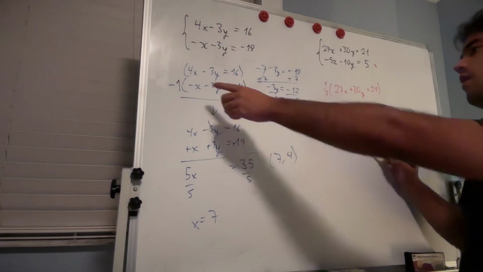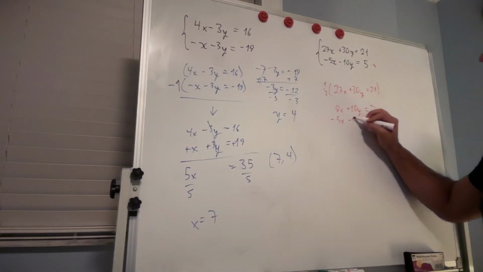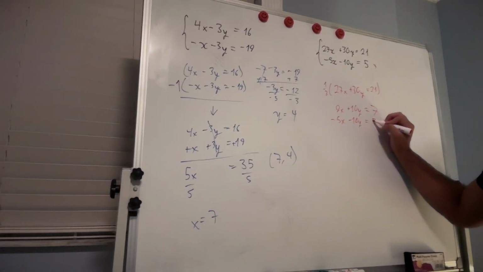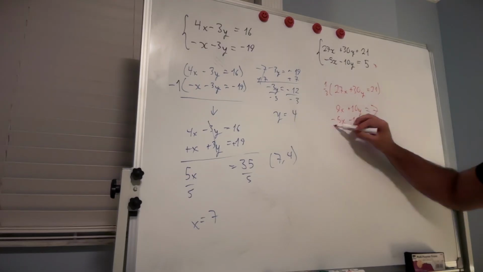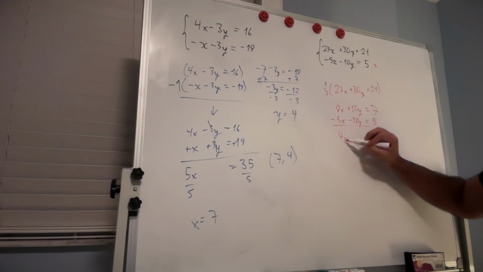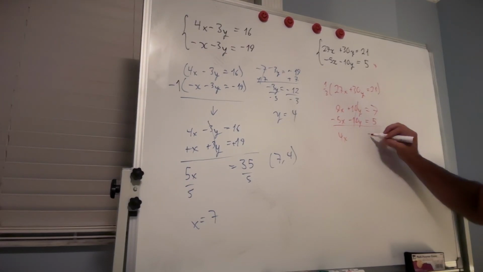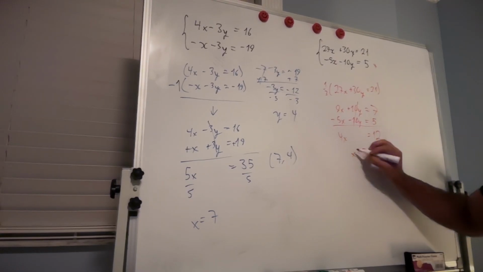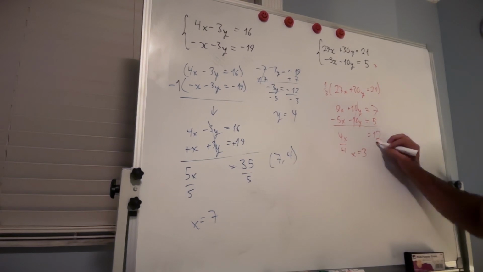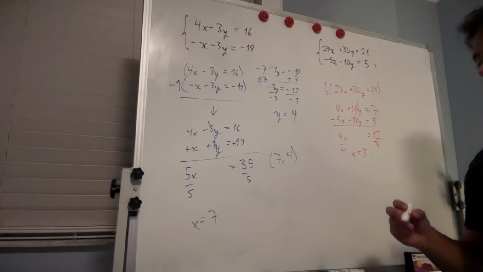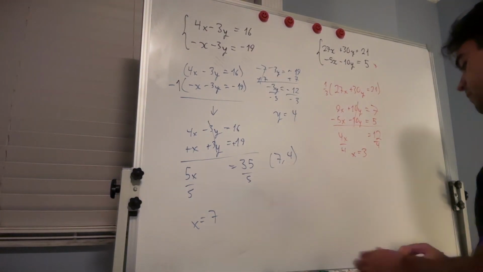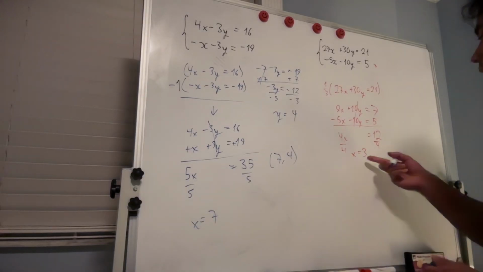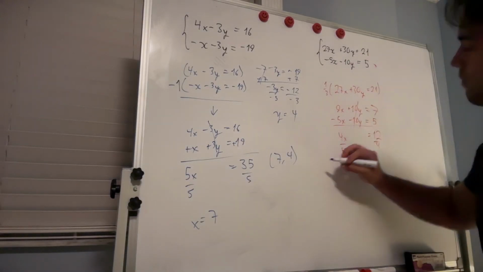So I'm not going to put minus like I did on the other side, because what we'll see when I add them normally is we'll get 4x, the y's will cancel, and we'll end up with 12, meaning that x equals 3 because we divide by 4. And then we could just solve for y by plugging in x equals 3. I'll use the bottom one.